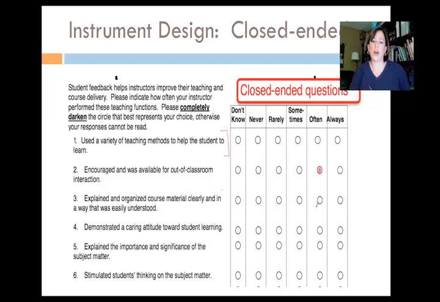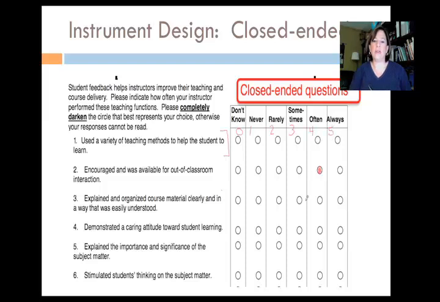Well, when it comes to coding these response categories for data analysis, we assign numerical values to them. For instance, logically, we could assign don't know as 0, never as a 1, rarely as a 2, sometimes as a 3, often as a 4, and always as a 5.